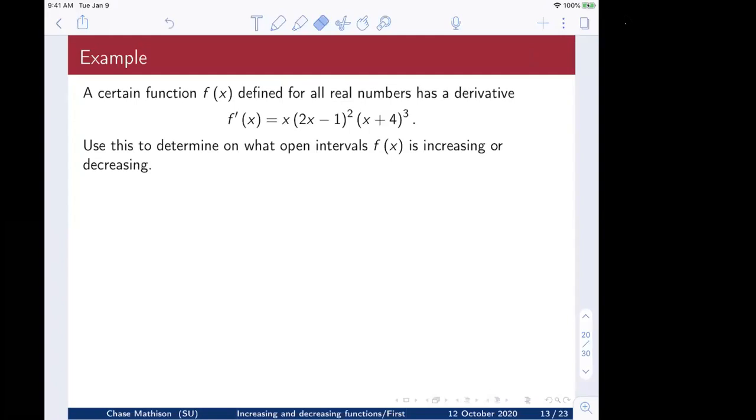This is a prime exam problem, by the way, just so everybody knows. So the intervals on which f is increasing and decreasing depends on f prime, right? So first step is to find the critical numbers.